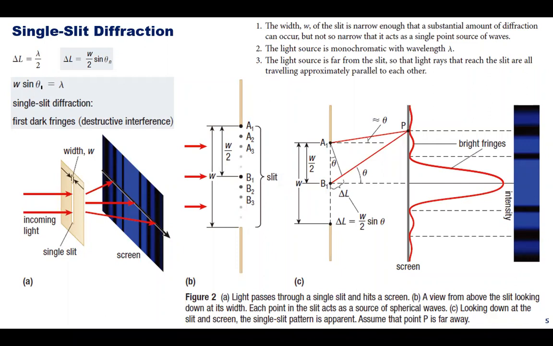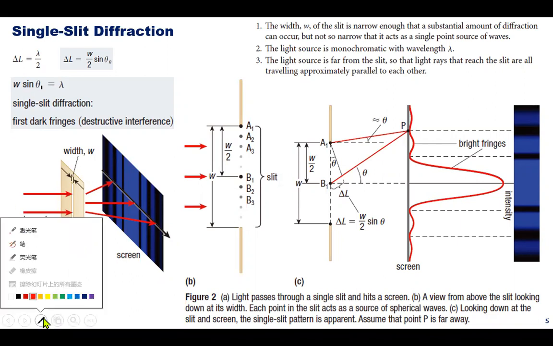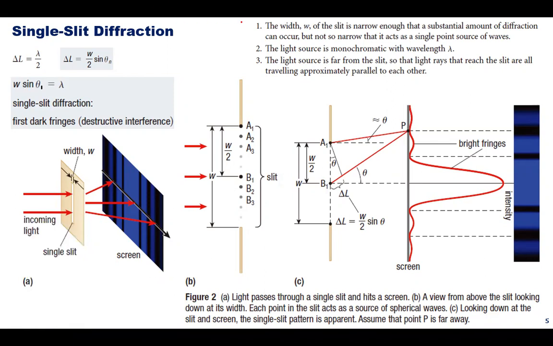While investigating this configuration, we assume that the following conditions exist. So be careful with the following assumptions. First, the width W of the slit is narrow enough that a substantial amount of diffraction can occur, but not so narrow that it acts as a single point source of waves.